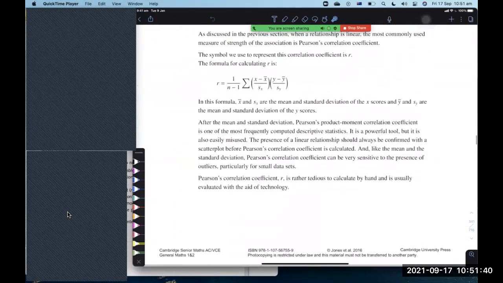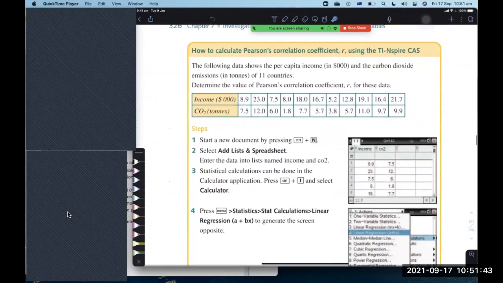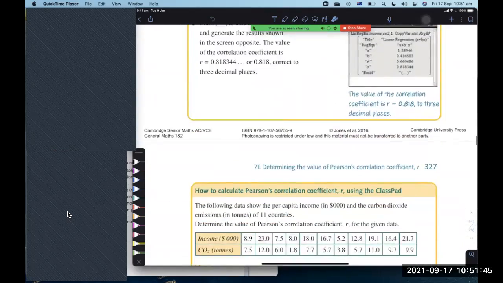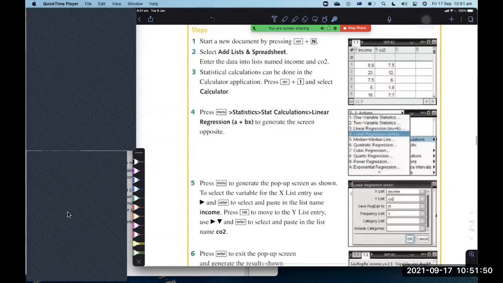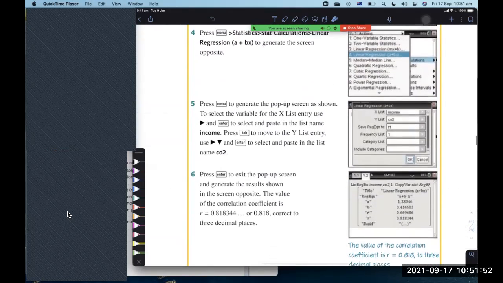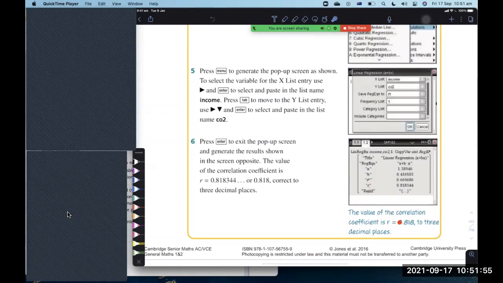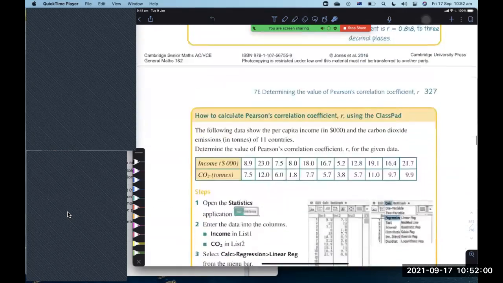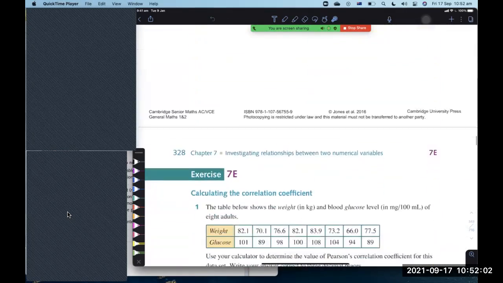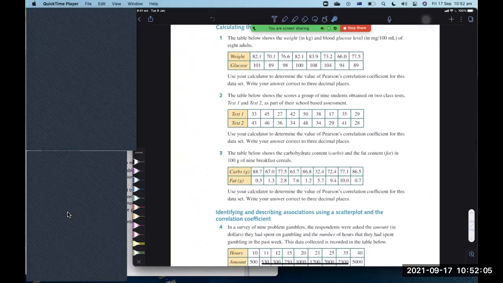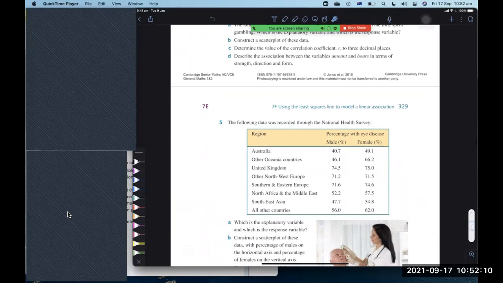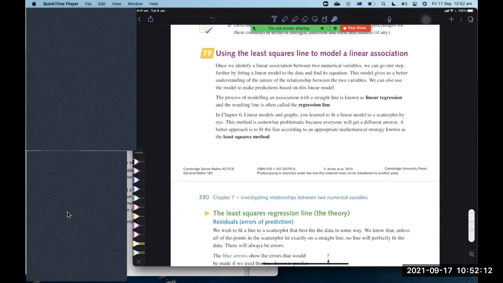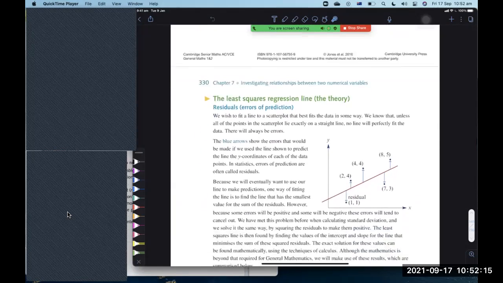Hopefully we get to have a look at applying it further on. You can see we start to find the R value. So we punch in some data and then we find the R value as well, okay? And then we interpret it. So what does this 0.818 mean? So you can definitely have a look ahead to look at the examples, even try a few questions if you want to. So when you go into class next term, you'll be prepared, you'll kind of know what's going on ahead of time, okay?